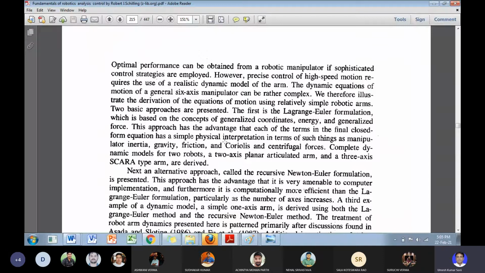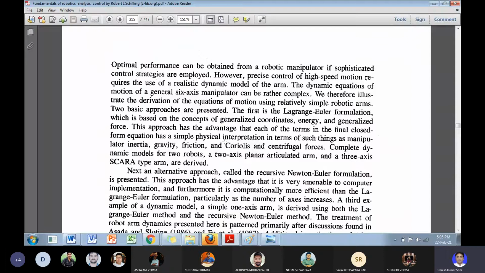So i may vary from 1 to n, and for i equal to 1, f1 is equal to the partial derivative with respect to q1, that is suppose theta 1.